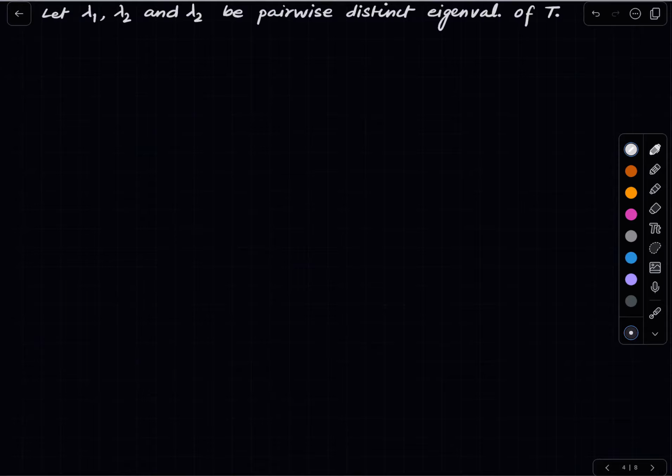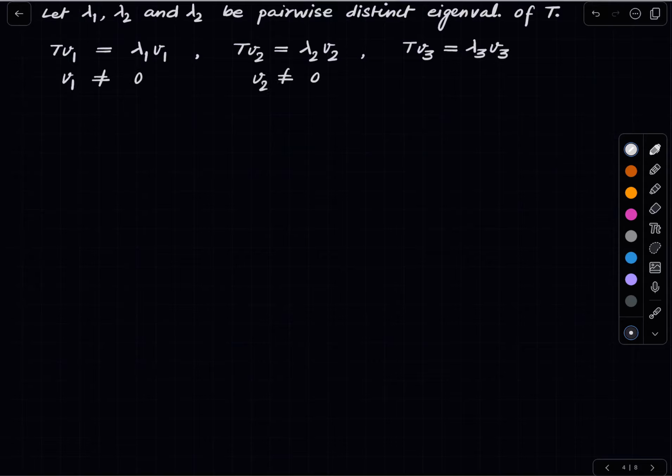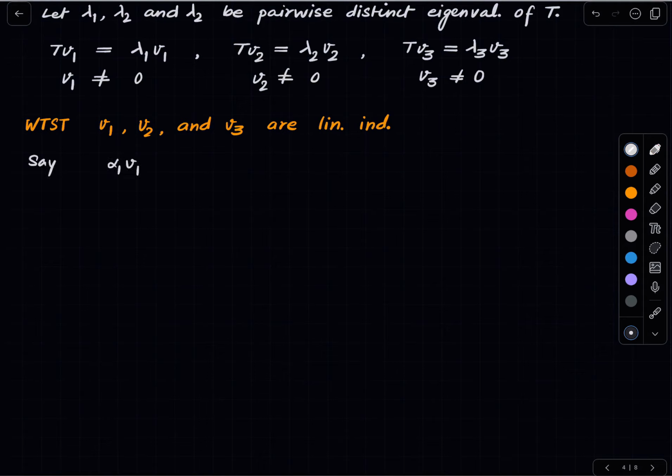Again we will pick non-zero eigenvectors for each of them, and we want to show that v1, v2 and v3 are linearly independent. So again, say some linear combination vanishes.